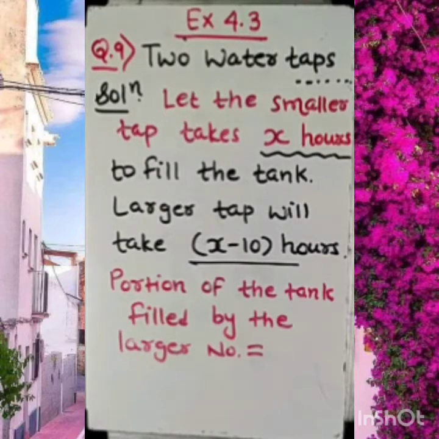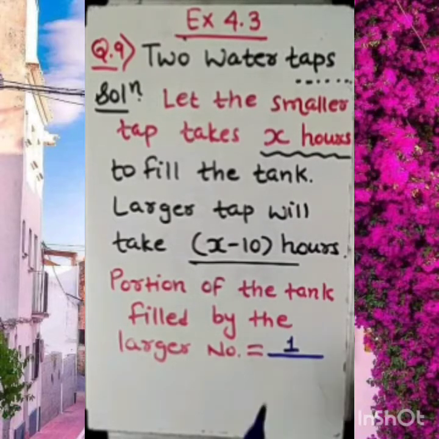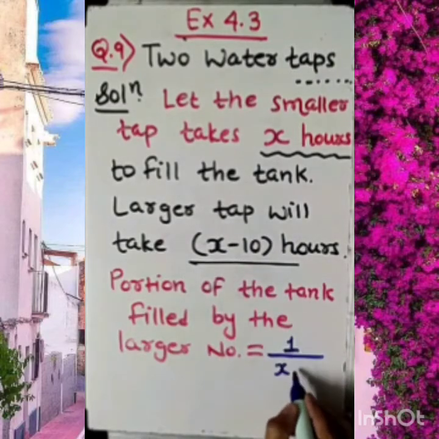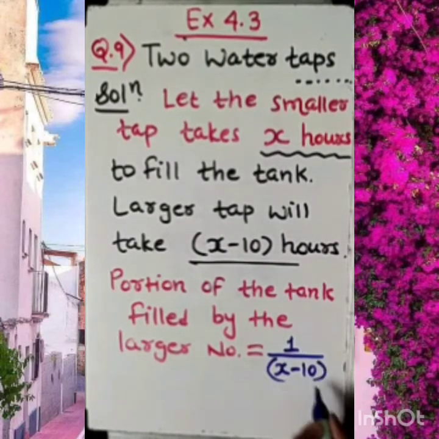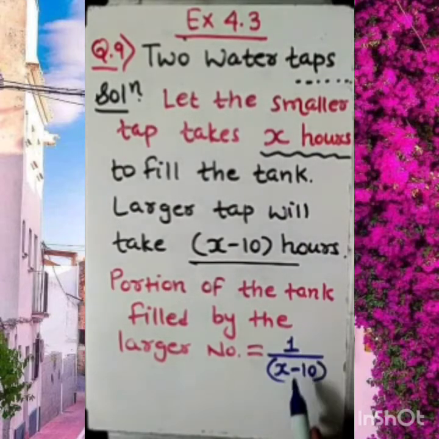So to cover the full tank, obviously, full is 1. And how much time is taken? X minus 10. So the fractional ratio of the portion, we will indicate with 1 upon X minus 10. Right? Now, some more steps we are given.